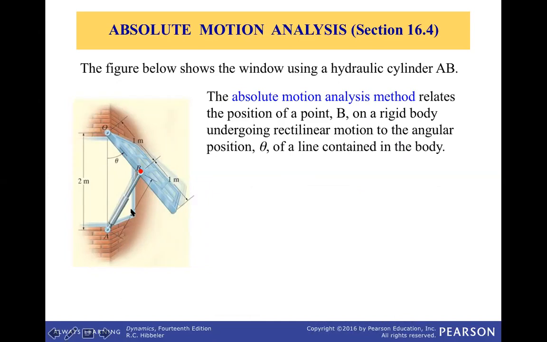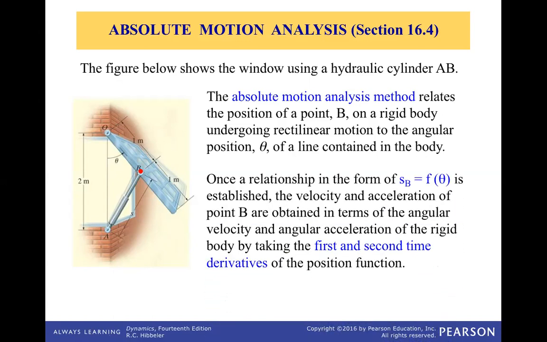This is S, and this point over here is also undergoing motion that is relative to the angle theta. So we can define S and theta there, and write the relationship between S and theta.